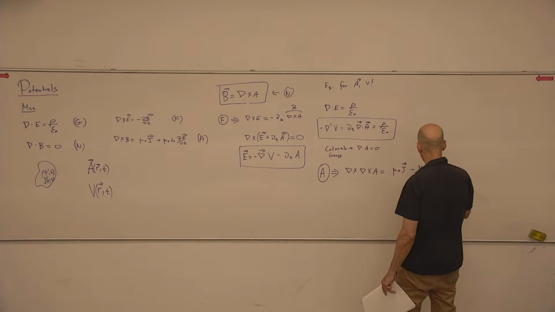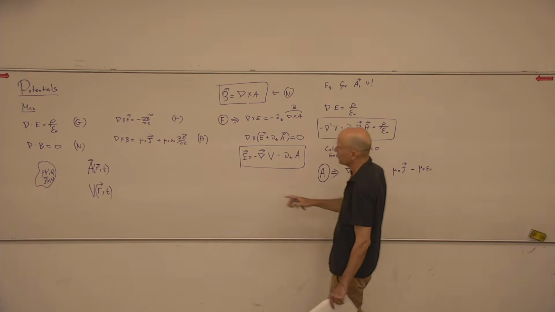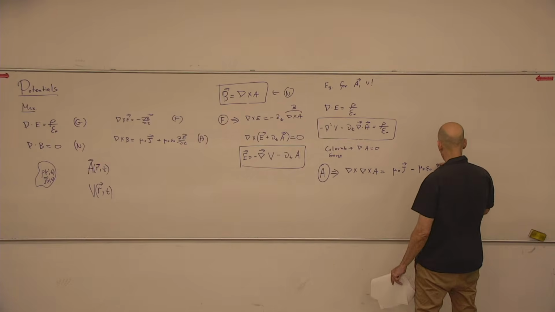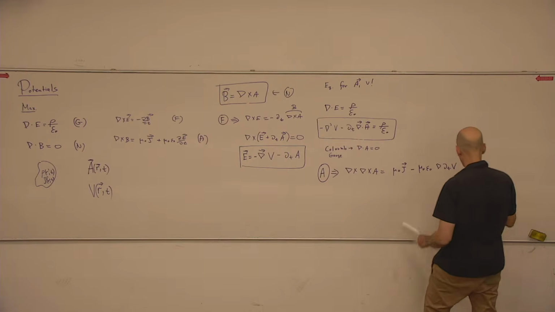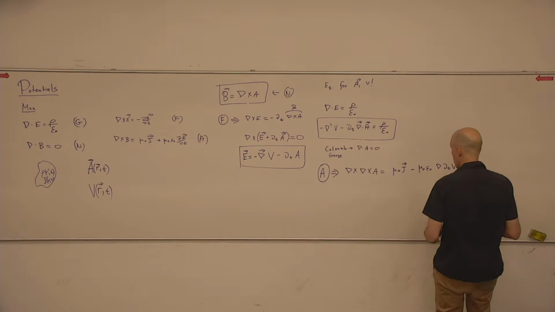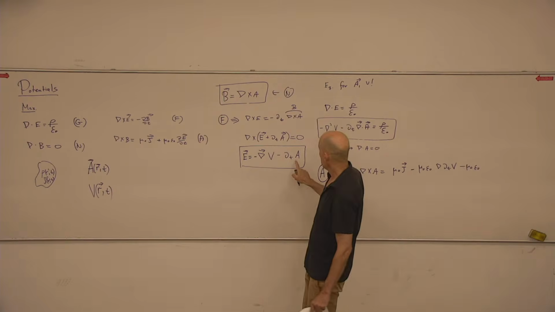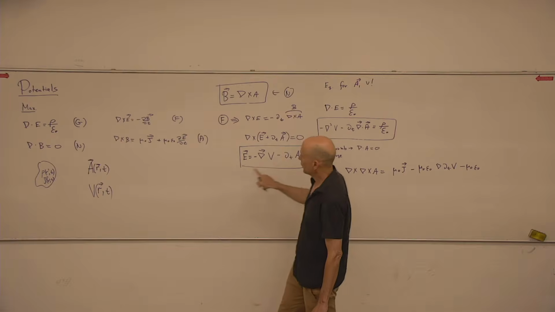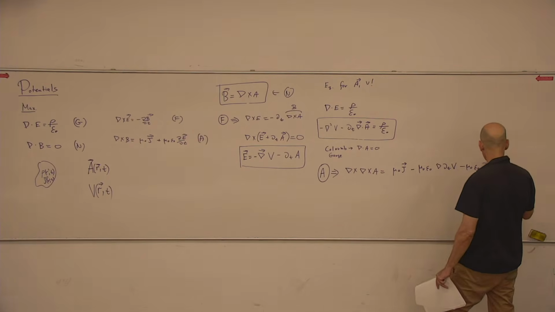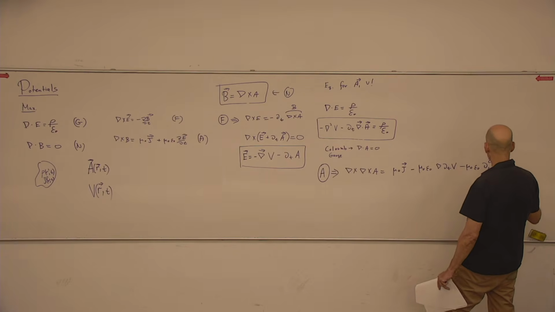So I have μ0 ε0, that comes from here. And then I have div d/dt V minus μ0 ε0, here I have d/dt, and here I have d/dt. I'm so happy to see a second derivative. Not really, but a second derivative of A.